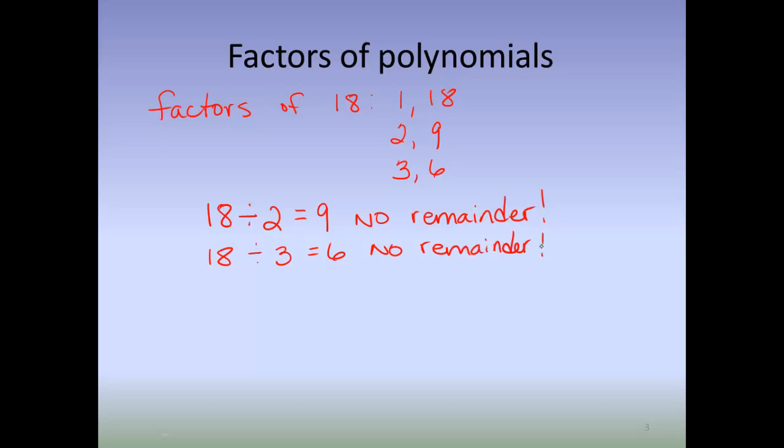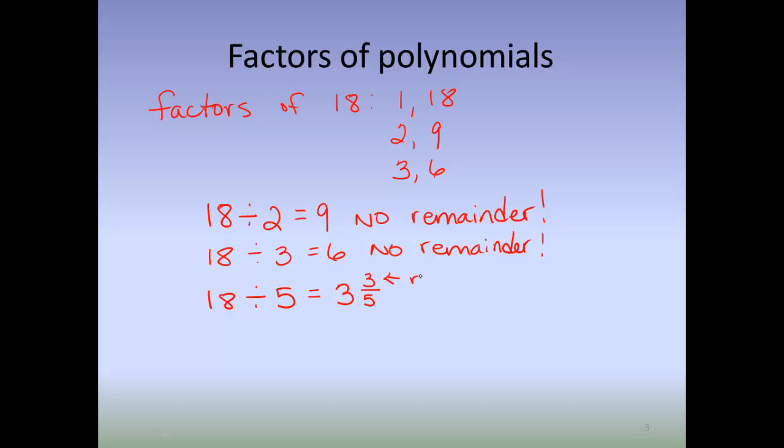If I were to try to take 18 and divide it by some other number that's not in this list, 18 divided by 5 goes in 3 times with a remainder of 3. So it would be 3.6 or 3 and 3/5.